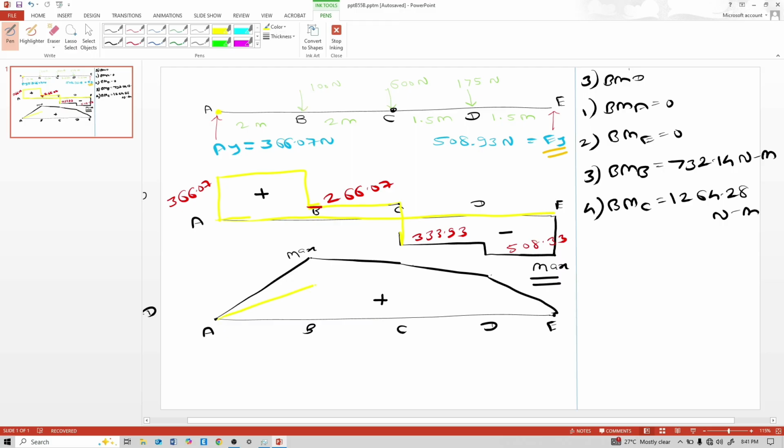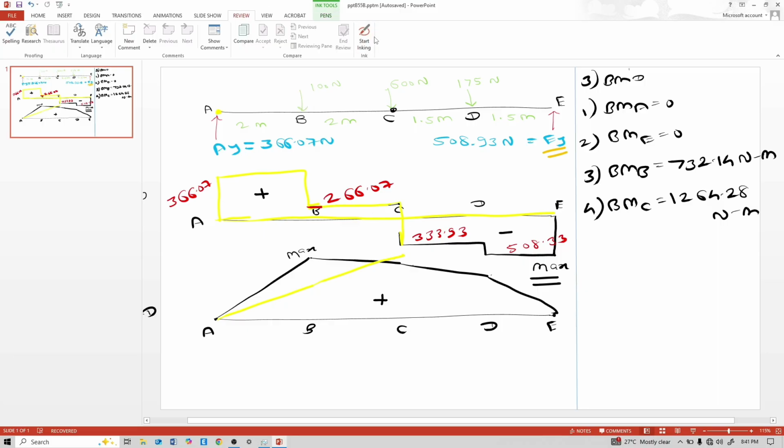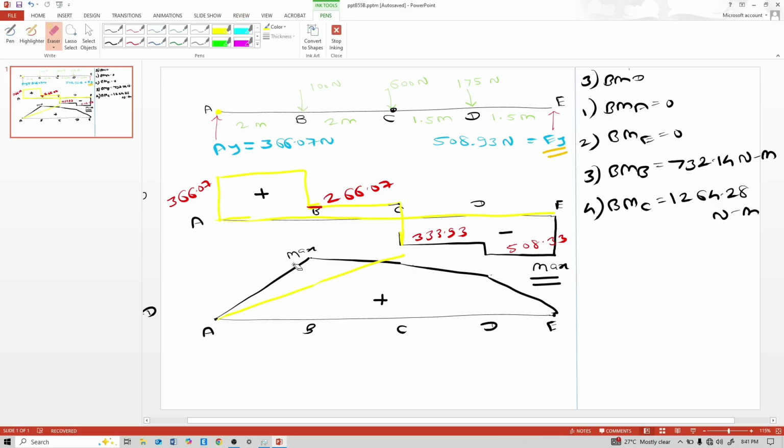Here it is minimum and here it is maximum. So our correct BMD is like this.